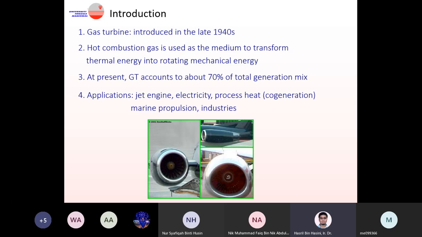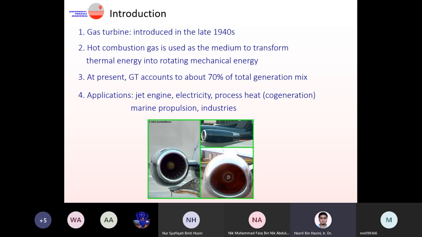People introduced the gas turbine for the sake of inventing the jet engine, which was mainly used in the late 40s. Only then did they come up with the idea of adopting the gas turbine in the electricity generation business.